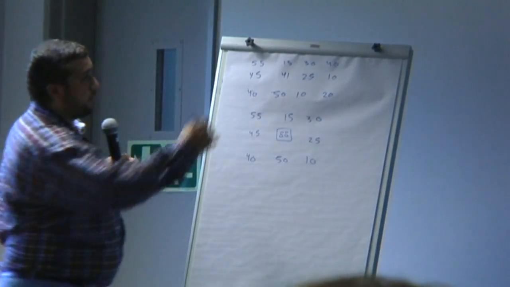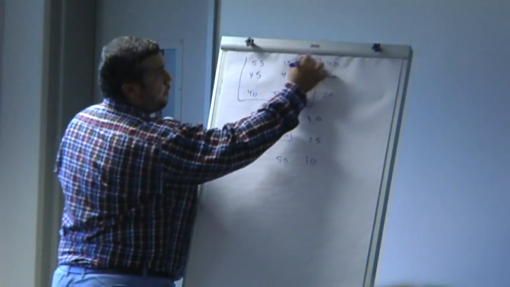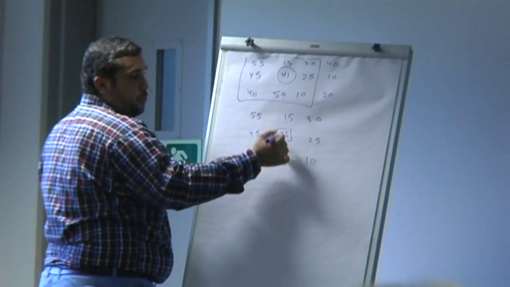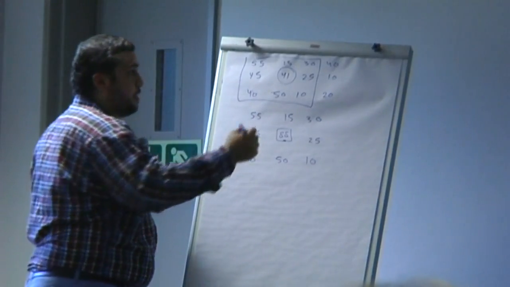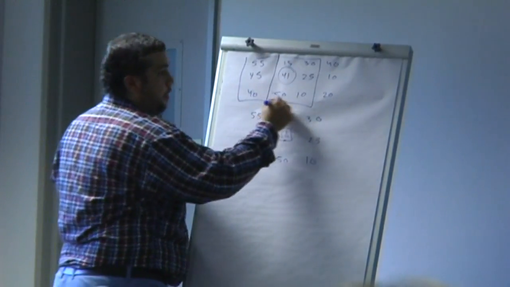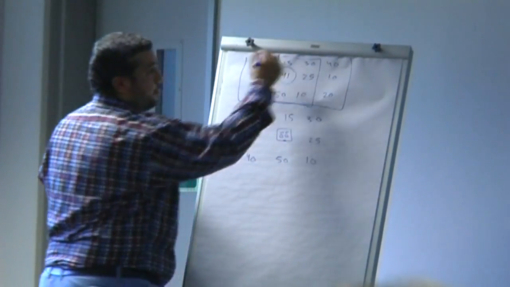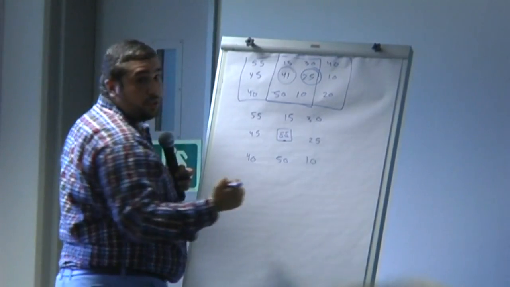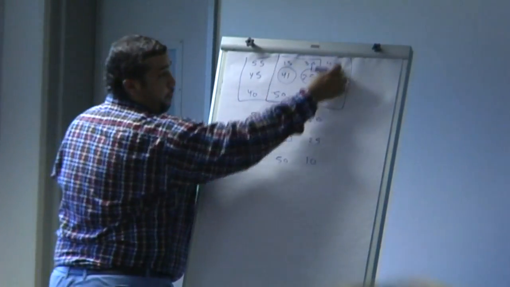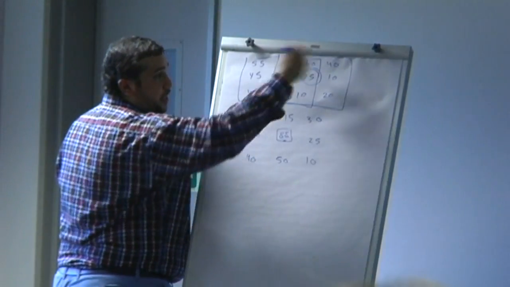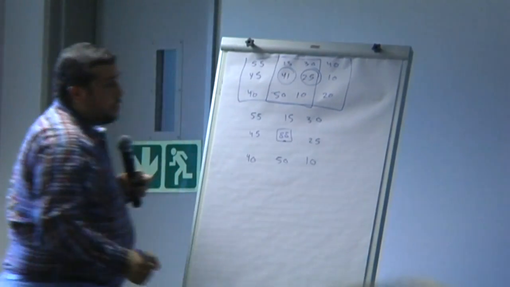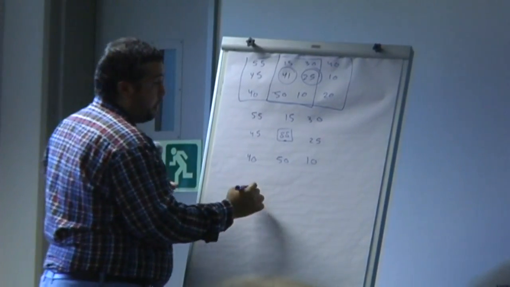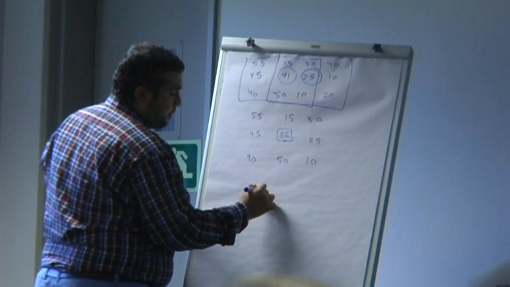So we take this window first, and we apply local binary pattern, and we convert it to be 88. Now the next step is to go to the next window. And now this one will be the threshold for this window, the next one. And we also have to convert it. So after that, we have a transformed image. Not like the original image, it will be a transformed image.